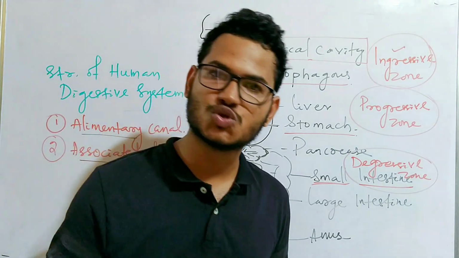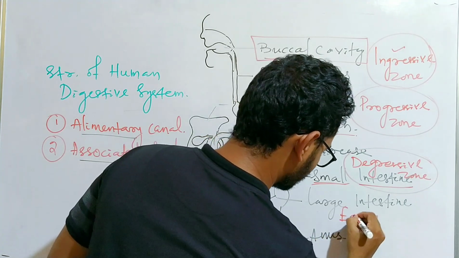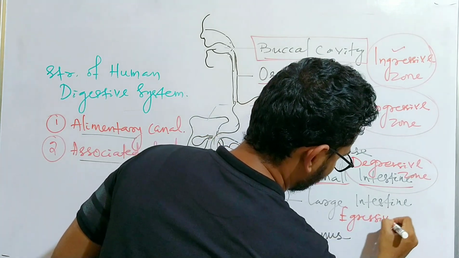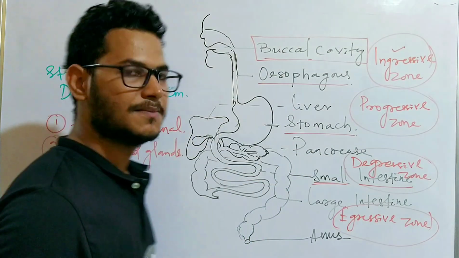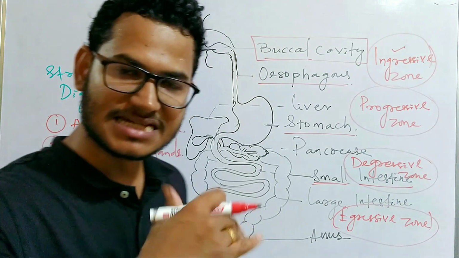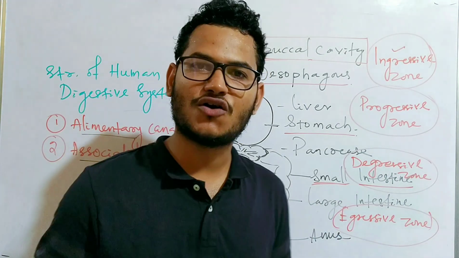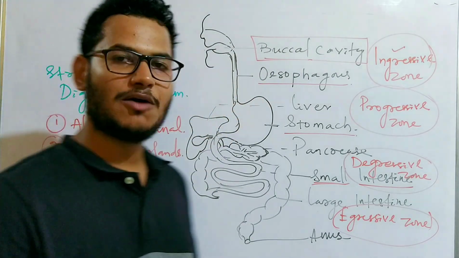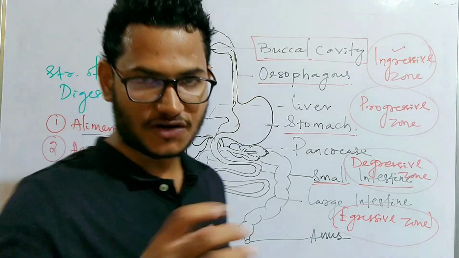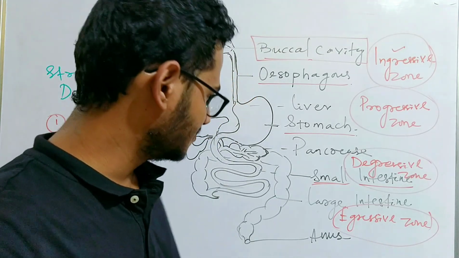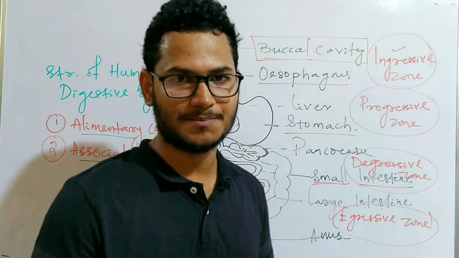Finally, the last zone is the egressive zone. The egressive zone is related with egestion of undigested materials or elimination of unwanted material from our body. This zone is concerned with the formation of fecal matter and removal of feces or undigested material from our body.